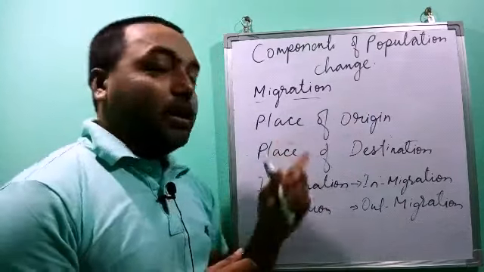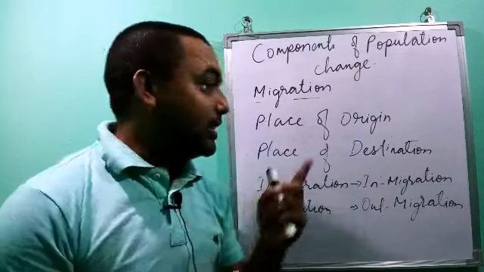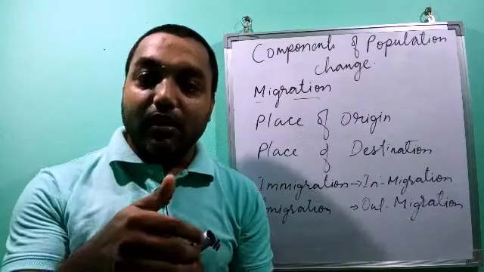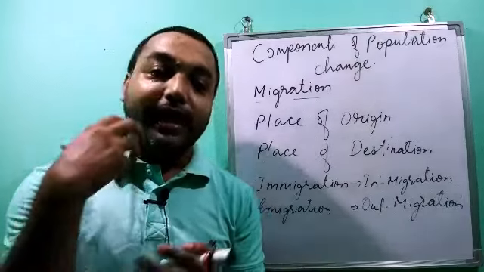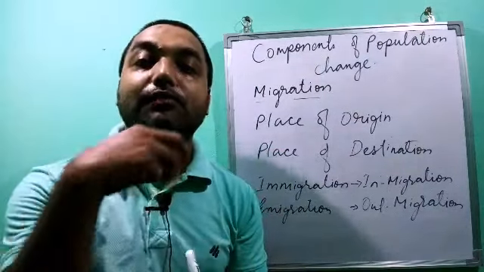Migration has two different ends, that is the place of origin, from where migration has taken place, from where a person has started to move, and second is the place of destination, to where that person will go.